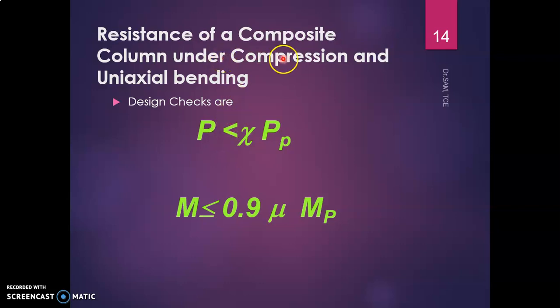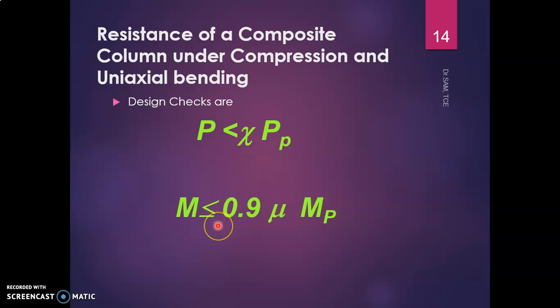Here, in the case of a column subjected to compression and uniaxial bending, the capacity has to be checked in two respective ways: the axial capacity separately and the moment capacity separately, where Ppl is nothing but the plastic resistance of the composite column, multiplied by a reduction factor to get the design capacity of the column under compression load.